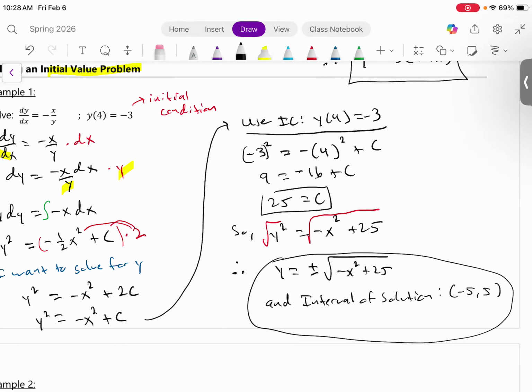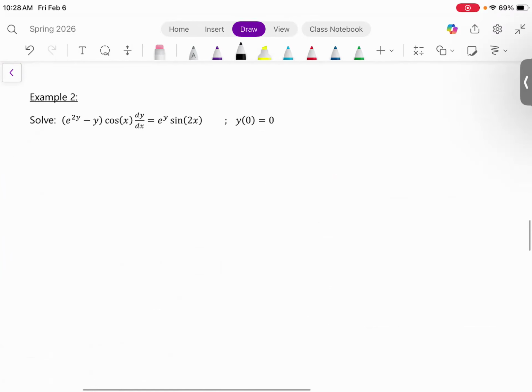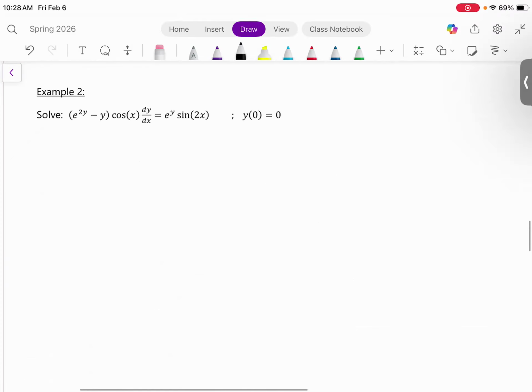Okay, let's go ahead and try out the next initial value problem. Example 2. So this one is a bit messy. Okay, so what we need to do is figure out how we want to move some pieces to the left or to the right.